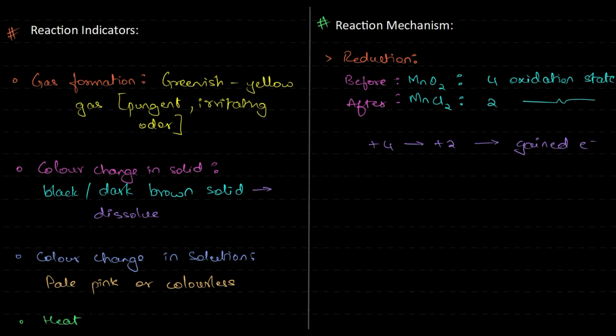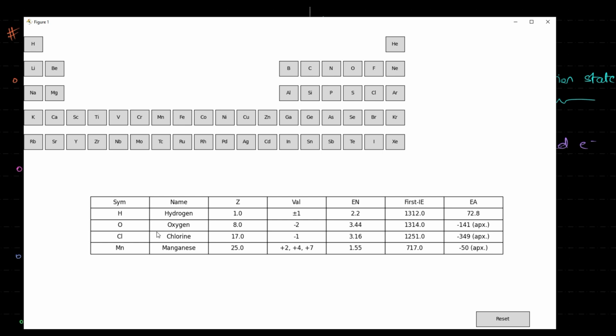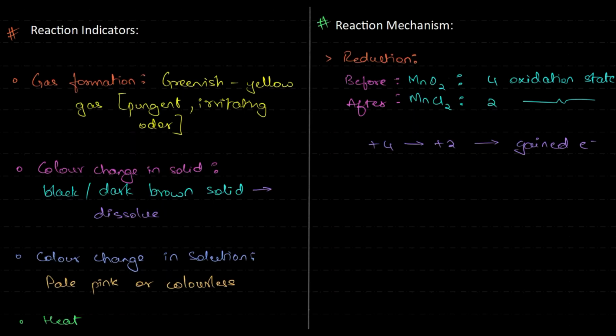Why is it gaining electron? Look at the valencies. That will give you a picture. Oxygen wants 2, while chlorine wants 1. It wants 2 electron. It wants 1 electron. So what is that we are looking at? MnO2. So O2 needed, yes, 4. While this needs, Cl2 needs 2 electron. So it needs 2 electron.